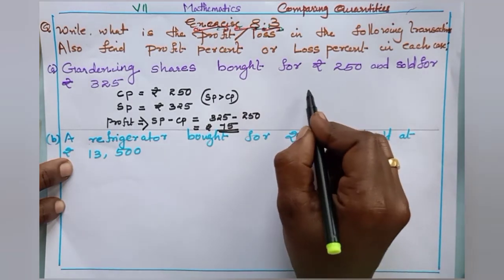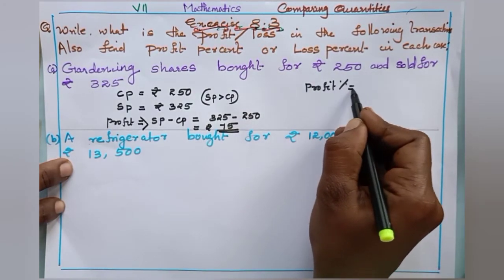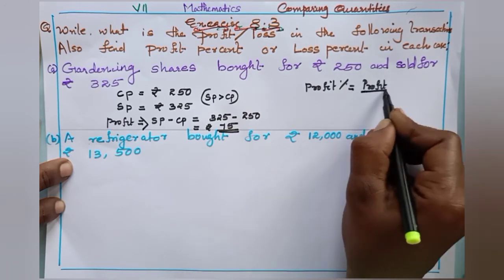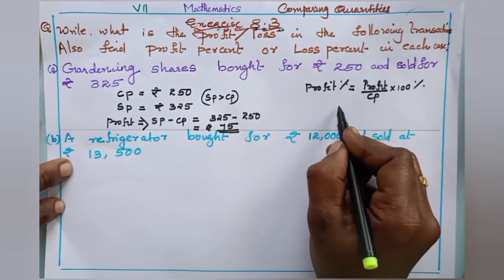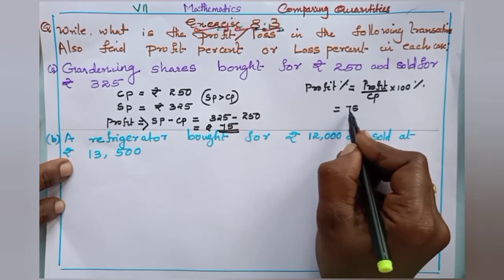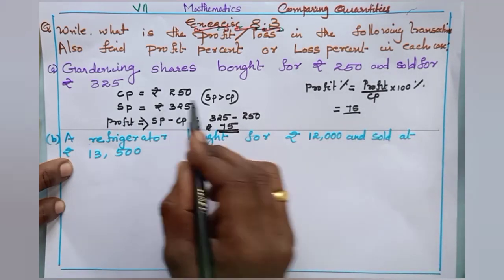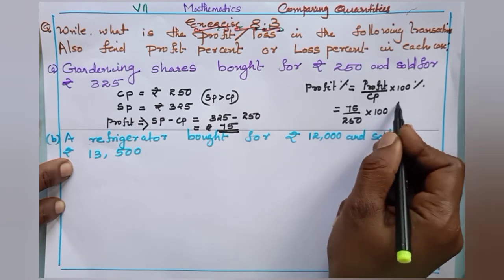Then we want to find the profit percentage. We know the formula: profit percentage equals profit by CP into 100%. So profit is 75 by cost price 250 into 100%.